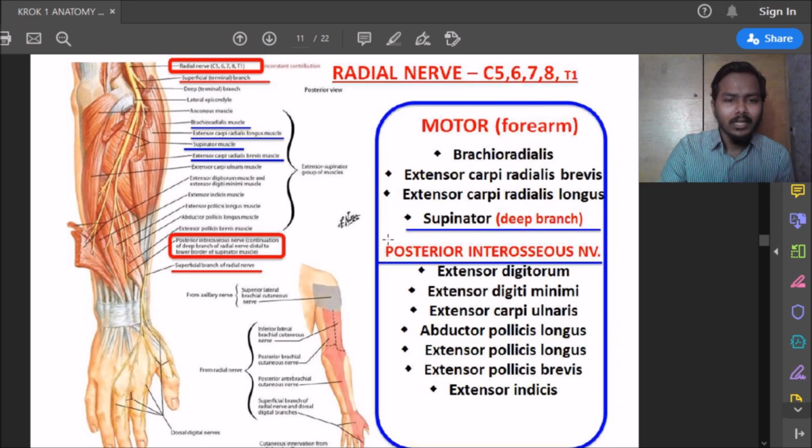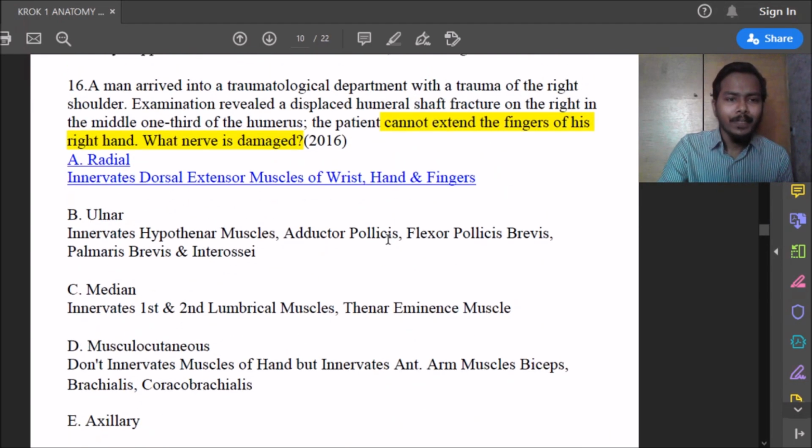So you can see the radial nerve course. It gives motor innervation to the brachioradialis, extensor carpi radialis brevis, extensor carpi radialis longus, and supinator muscles. The posterior interosseous nerve innervates all the extensor muscles and one of the abductor muscles.